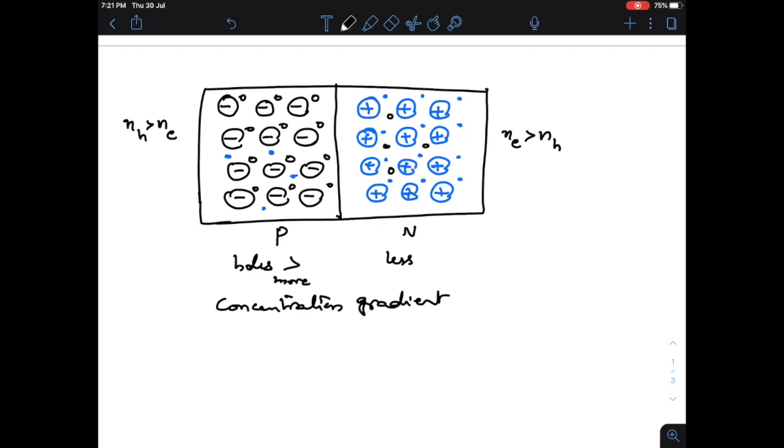That means a higher concentration of holes here and a lower concentration of holes here. So from higher to lower, the charge carriers will move. Which charge carriers? Majority charge carriers. What are the majority charge carriers in p-type? Holes. So holes will move from here to here.